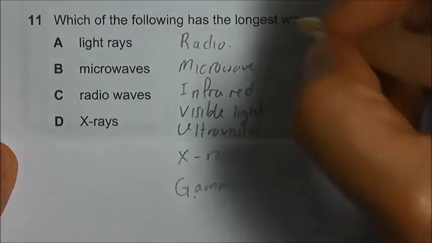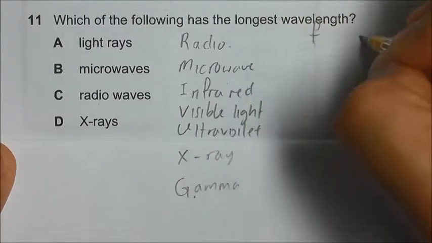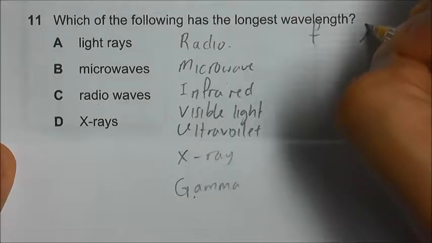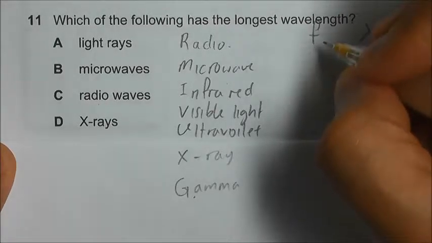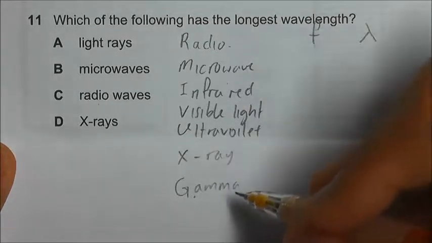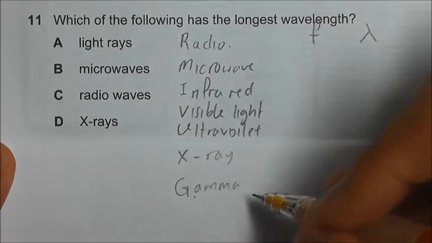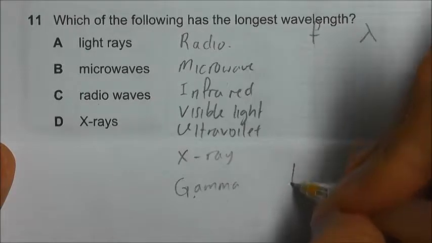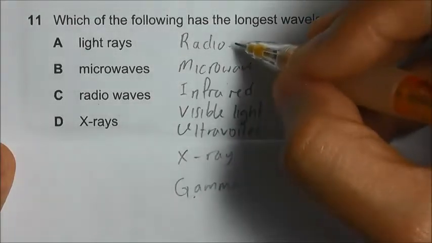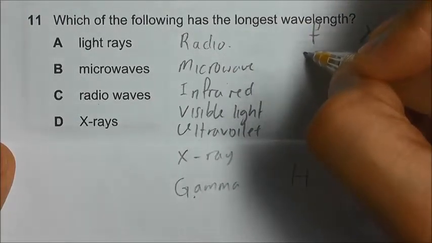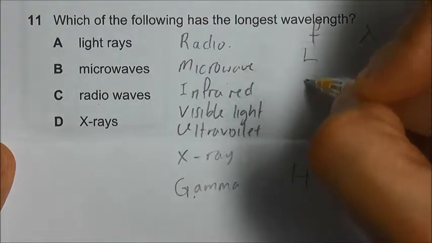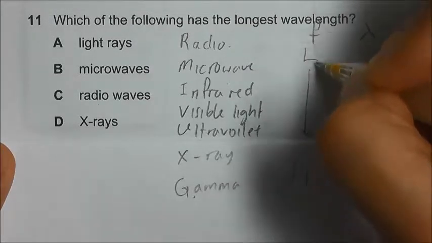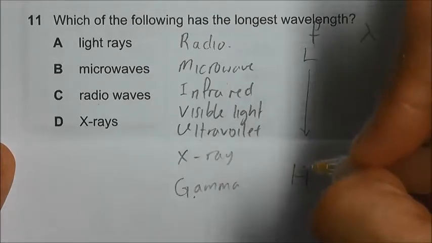frequency to help us. Okay, so we start with two columns of wavelength and frequency. We just need to memorize that the gamma ray is the most dangerous, so it has the highest frequency. That means the radio wave will be the opposite, so it has the lowest frequency, and the frequency increases down the row.